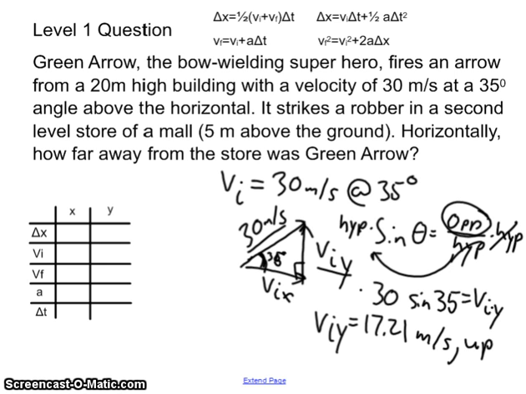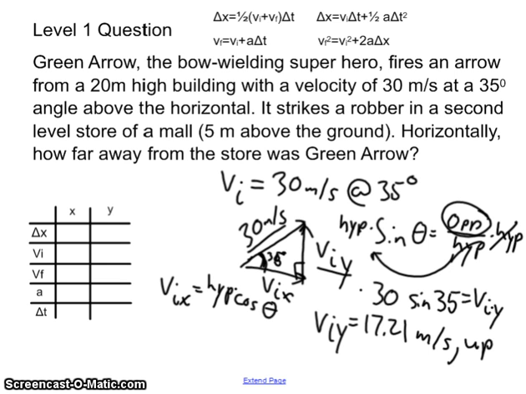Okay. Now if we want the x value, instead of using sine, we're going to end up using cosine. So our initial velocity in the x, by the same logic as what we used with the y, is going to be the hypotenuse times the cosine of our angle.